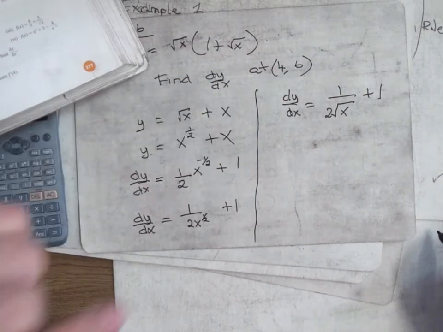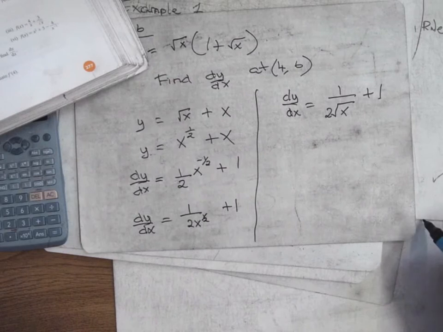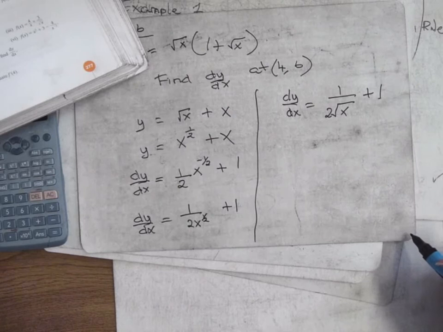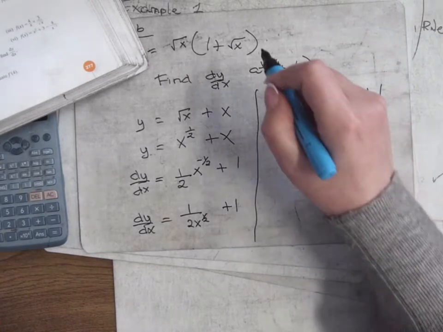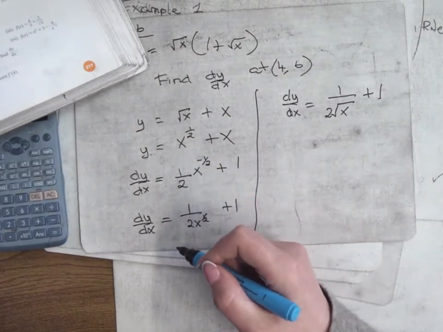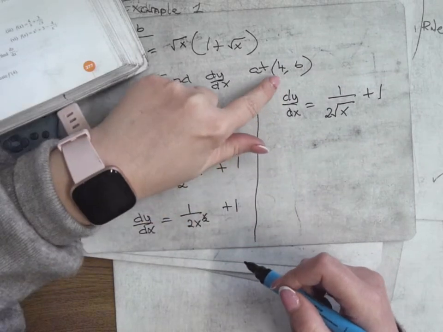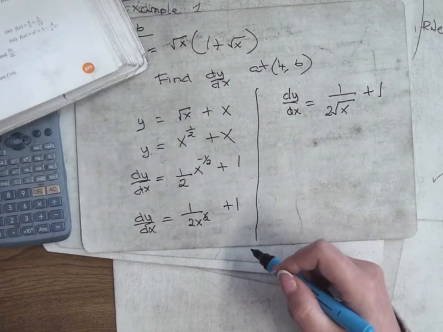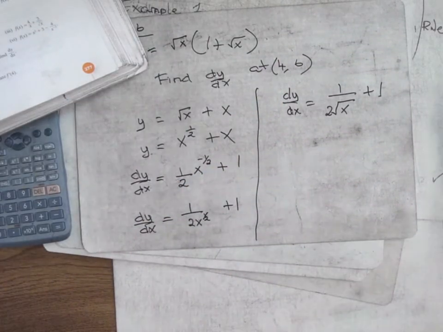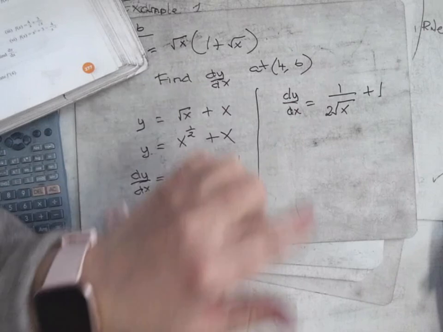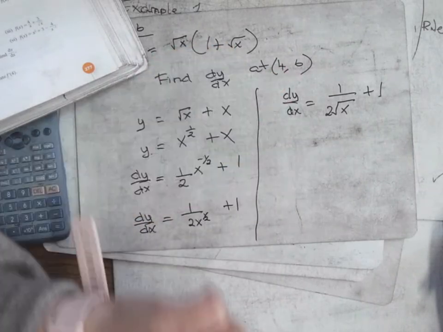I've defined it at x, or the point 4, 6. Now, when they give you a point, all you need is the x term out of it. So what does x equal in this point? 4. The 6, don't need to use it at all. Extra information, you don't need it. Is that okay? So you don't need the 6, all you need is the 4.